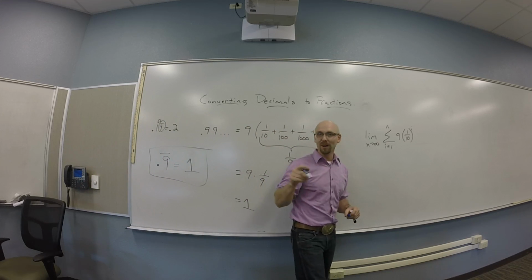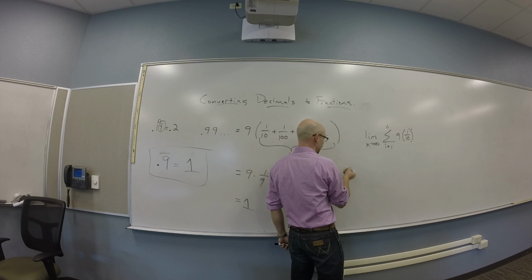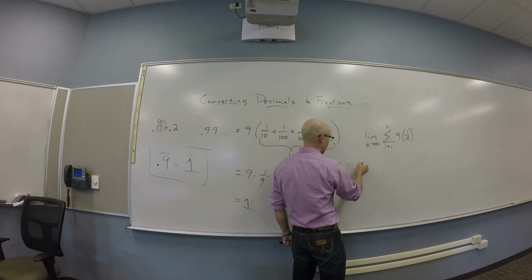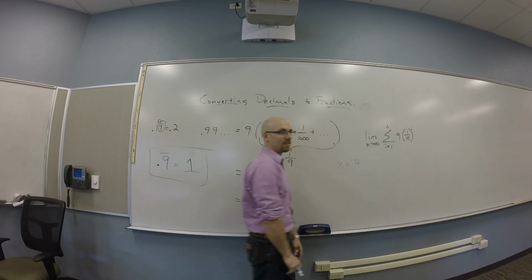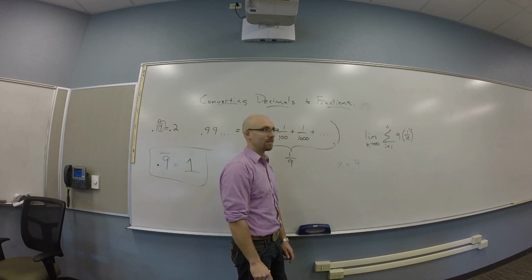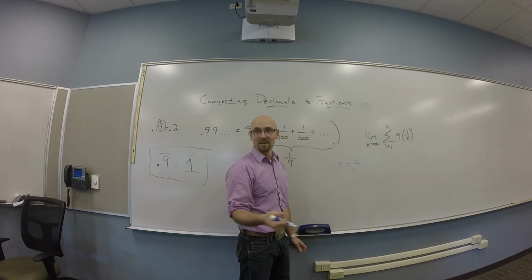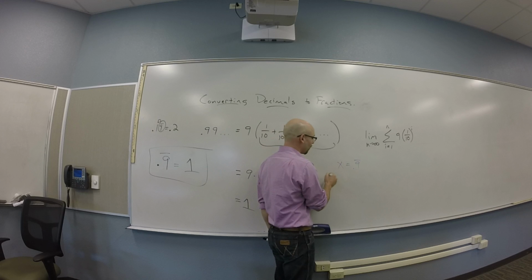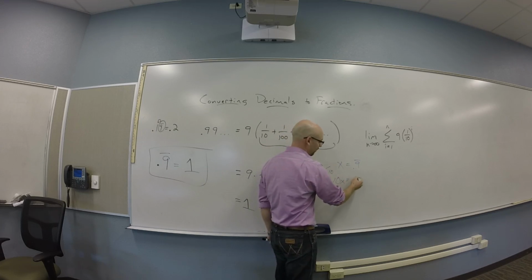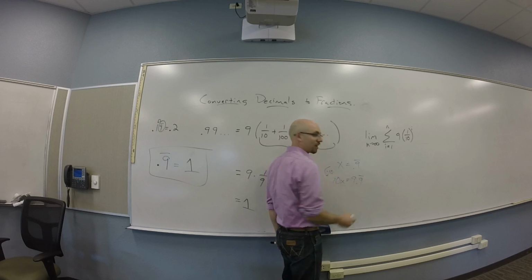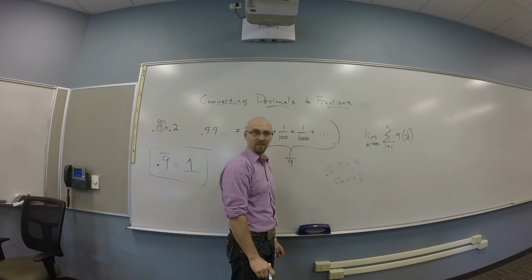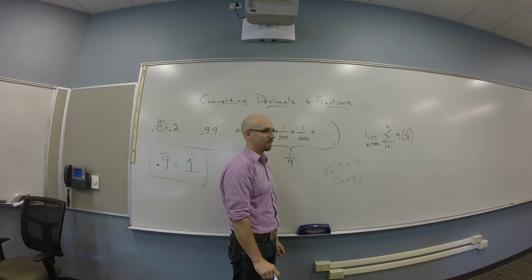There is an easier way to see this, which is if you call x 0.9 repeating, so x should be 1, right? The other way to see this is to multiply by 10. You get 10x, which is 9.9 repeating. So that's just 9 plus 0.9 repeating.